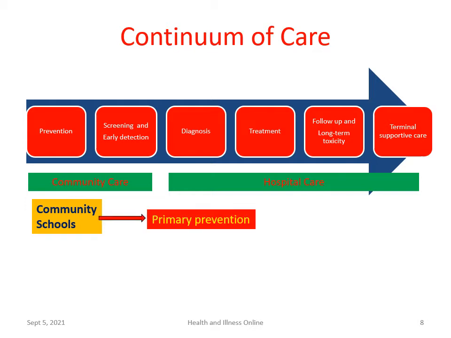Now, the prevention in community care can take three different forms: primary prevention, secondary prevention, and tertiary prevention.